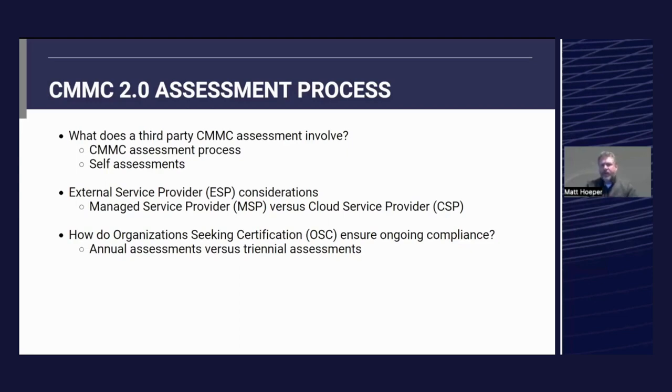And I'll talk a little bit about what that process looks like from an assessment perspective. So once you've identified your level, you've engaged with a CMMC professional, you've identified the scope, you've conducted a gap assessment, you've completed all the projects, then you're ready to perform an assessment. And if you're doing a self-assessment, then you go ahead and assess yourself.